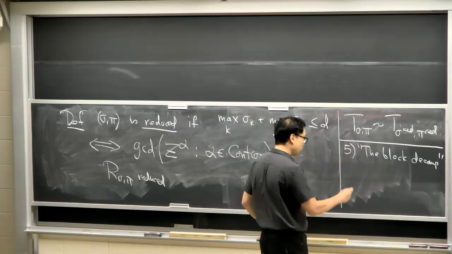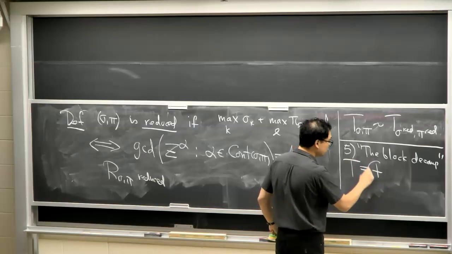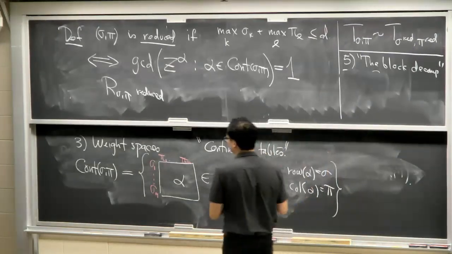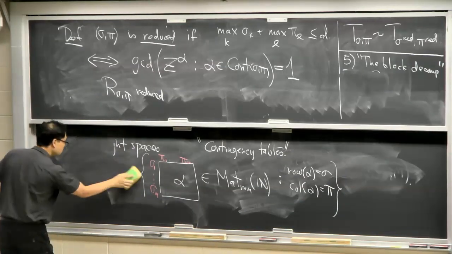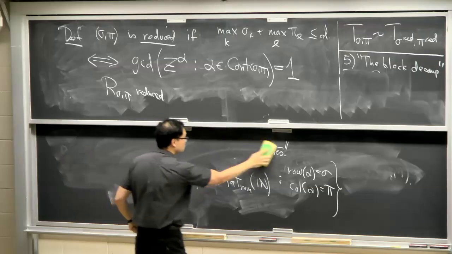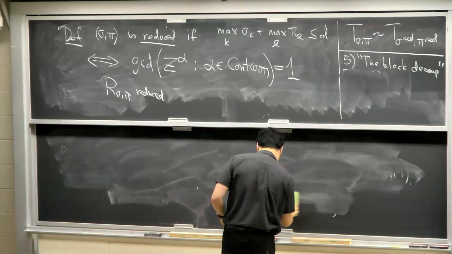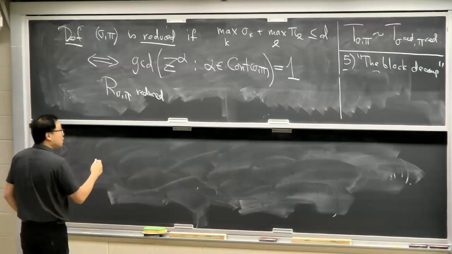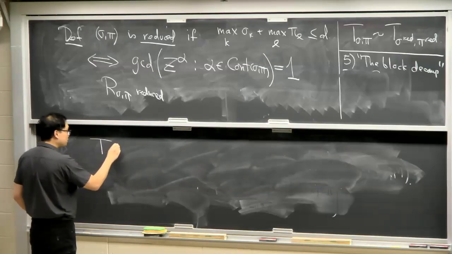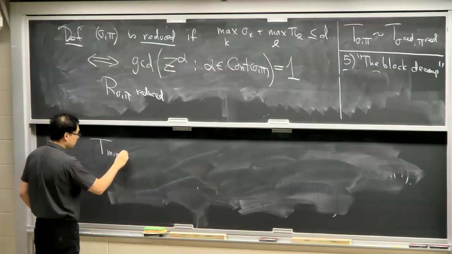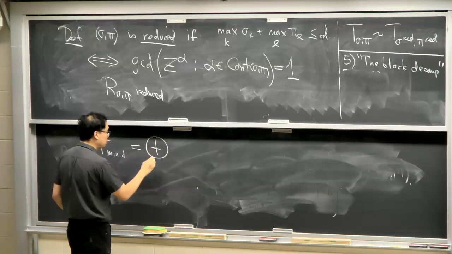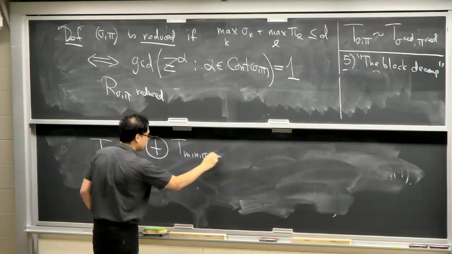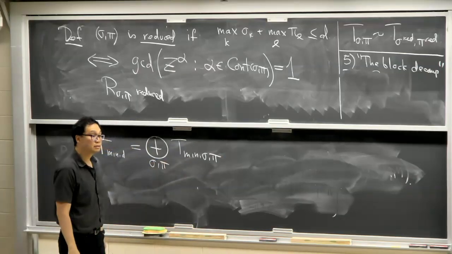So reminder, we had that T is equal to, actually, let me write this. Okay, so we had the decomposition, the actual block decomposition into pieces. And this is over all possible pairs sigma and pi.